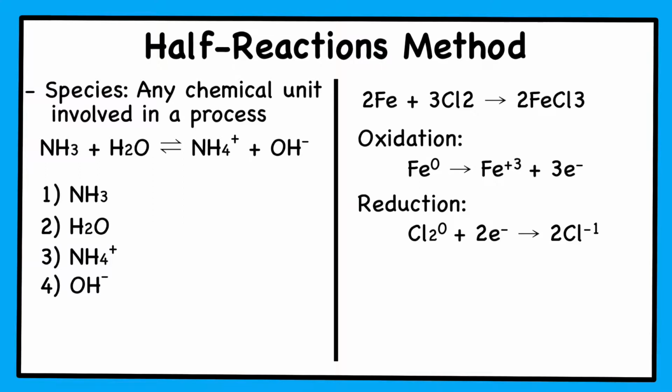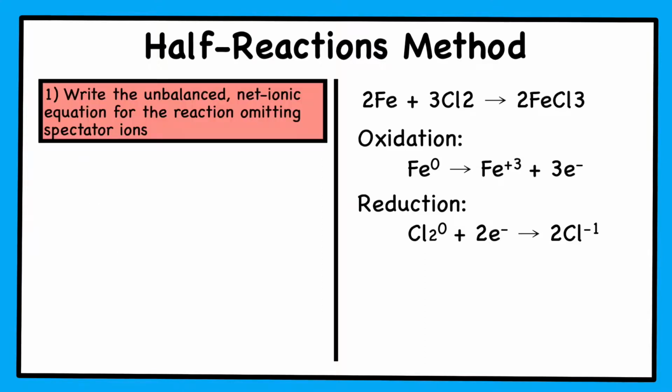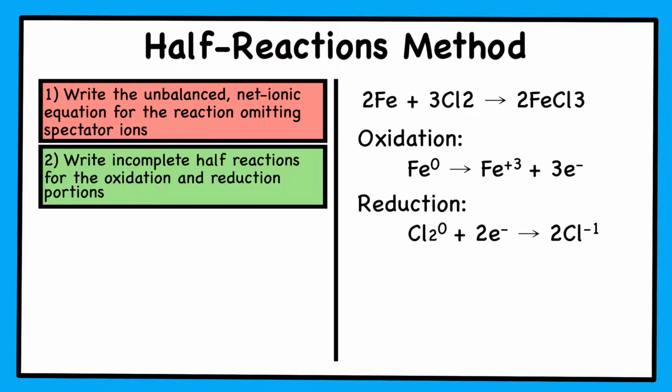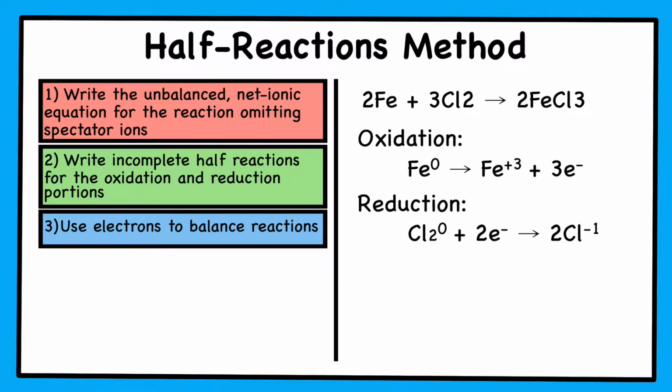We can use half reactions to balance redox reactions by using the following steps. First, write the unbalanced net ionic equation for the reaction, omitting spectator ions. Second, write separate incomplete equations for the oxidation and reduction half reactions, including the oxidation numbers. Third, balance the atoms of the half reactions using electrons on either the reactant or product side.